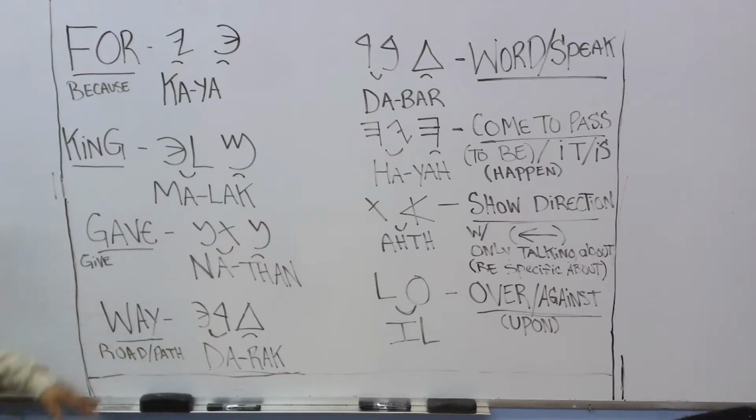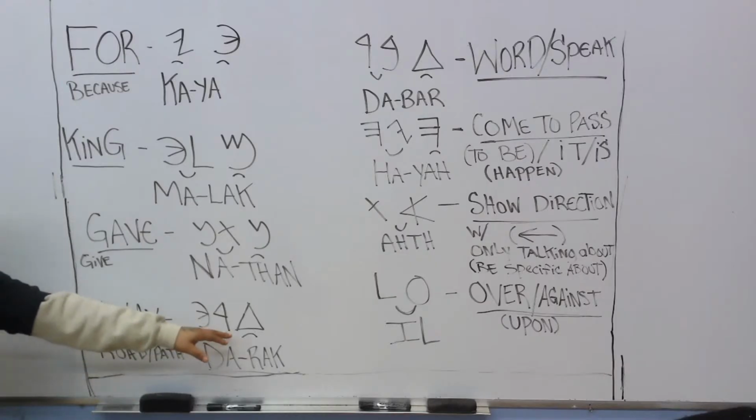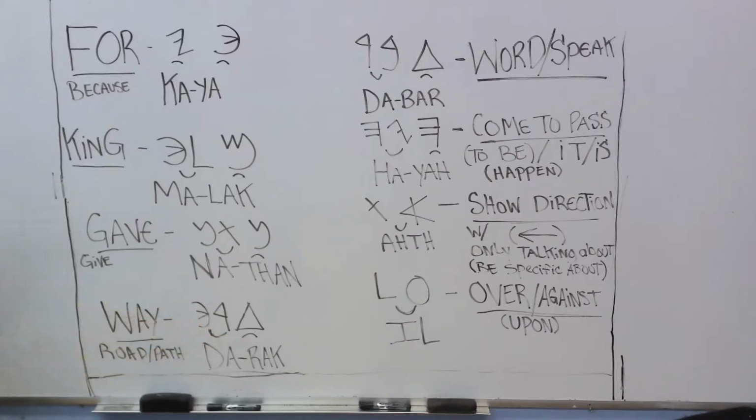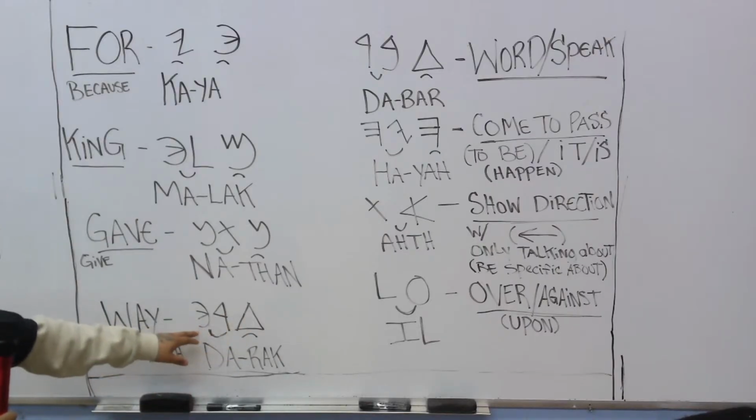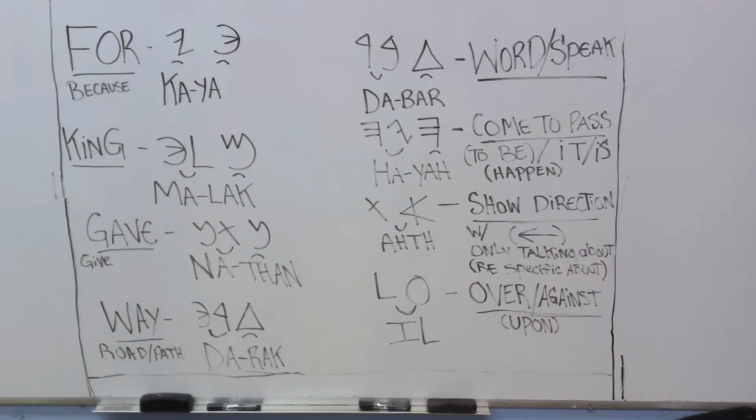So way, road, and path is the word darak. The character da singular, and then the character ra and the character ka connected, making the word darak. That's what we have up here on the board so far.